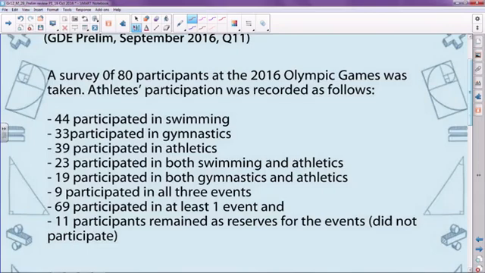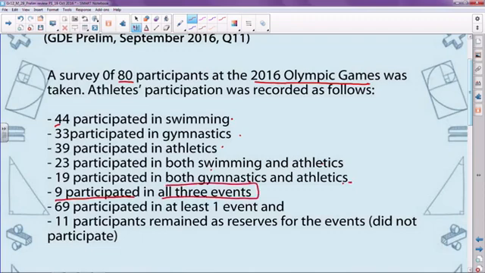We've got that a survey of 80 participants at the 2016 Olympic Games was taken. Athletes' participation was recorded as follows. What's listed is how many people participated in swimming, gymnastics, athletics, how many people participated in both swimming and athletics, and gymnastics and athletics, and then 9 people participated in all 3 events.